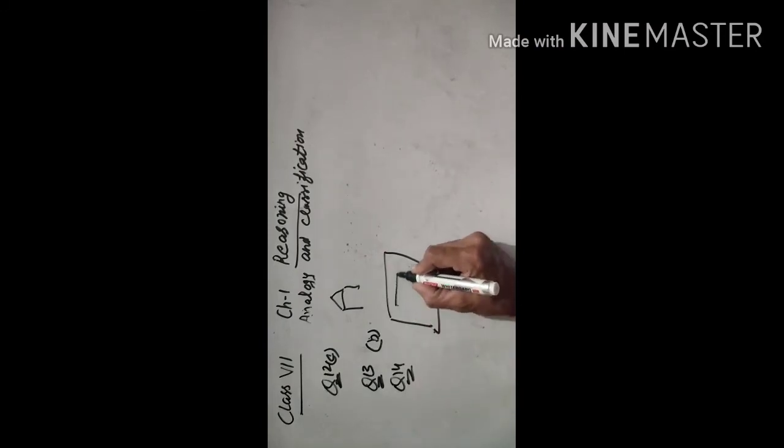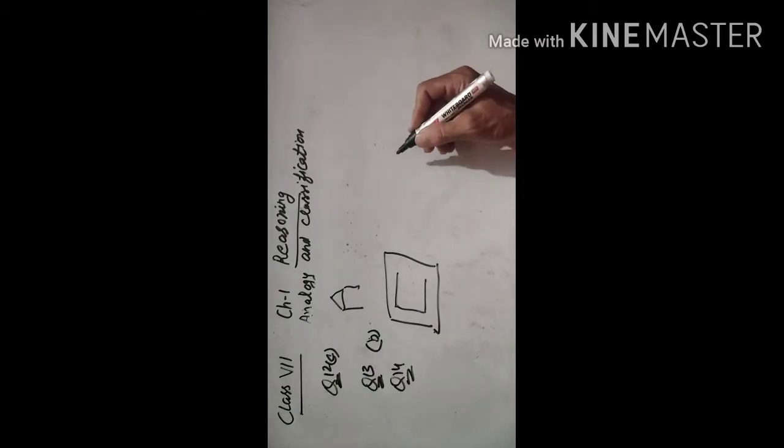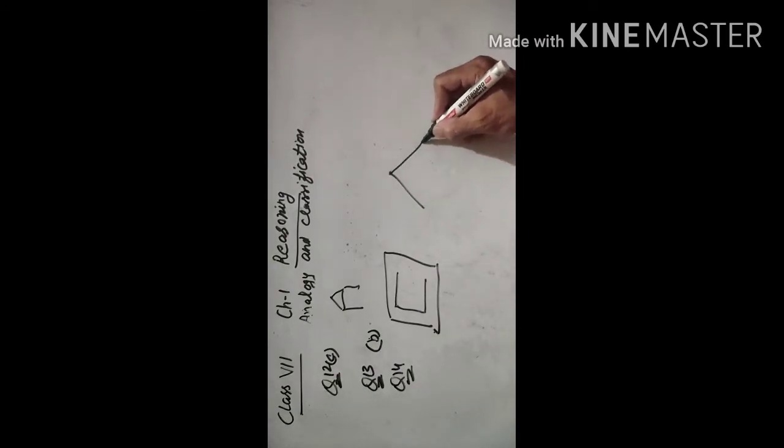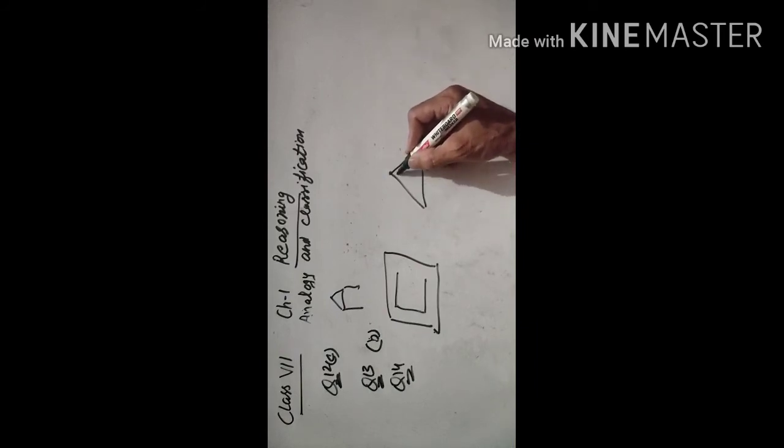Inside the square, now it becomes a triangle like this, and inside the triangle it becomes this shape. So D is the option.